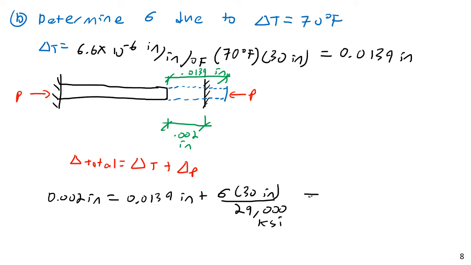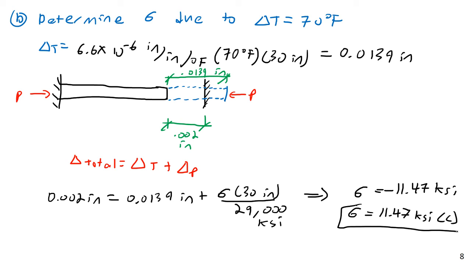And we will find that sigma is equal to negative 11.47 KSI, or sigma is 11.47 KSI in compression. So quite a bit of temperature-induced load. 11.47 KSI, that's a lot of load, just from temperature.